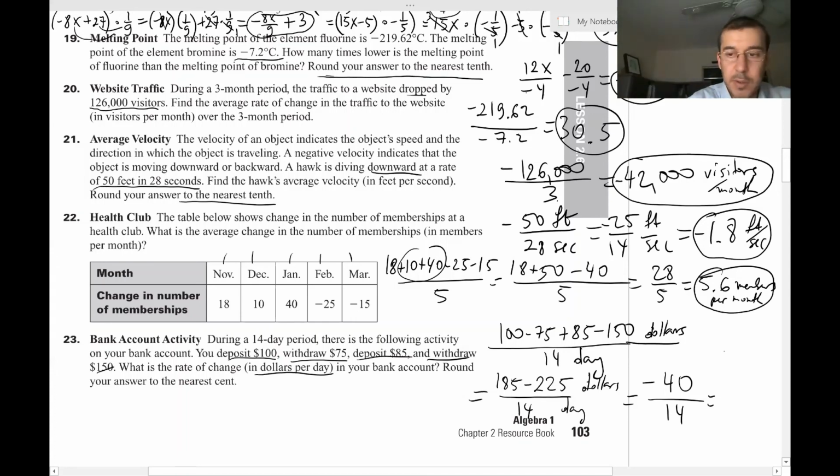And 40 over 14, you end up with minus 2 point, and it says round your answer to the nearest cent. So this is 2.857 or 2.86. And this is dollars per day. So this is dollars over day, dollars per day, the rate of change.